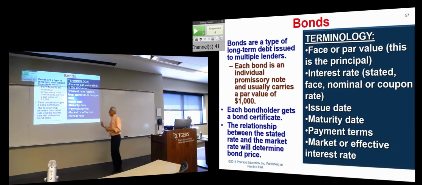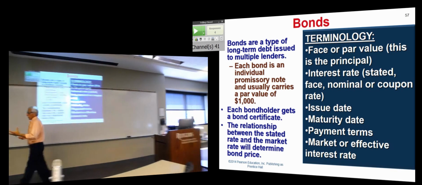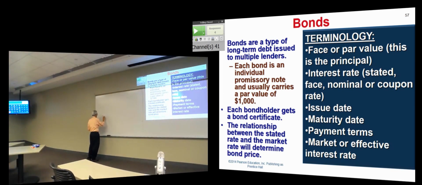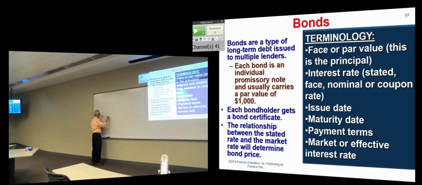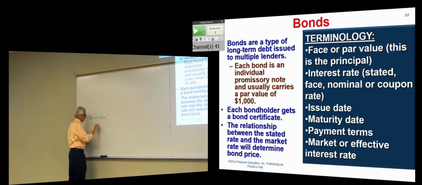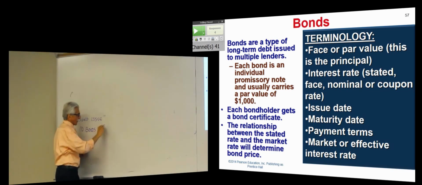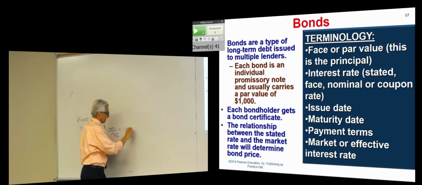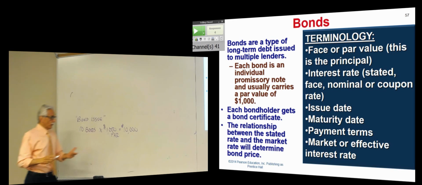So for example, if you have a bond issue of 10 bonds, par value is usually 1,000. The bond issue is 10,000.